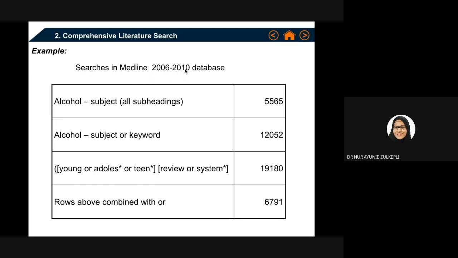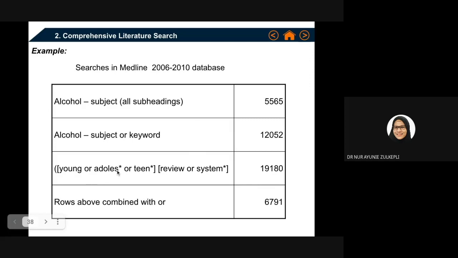So there's a time frame here. For alcohol as subject or subheading, about 5,000, and alcohol as subject or keyword about 12,000, which is wider, because not only alcohol, it could be whatever brand of alcohol that you want to include in your text word, right?